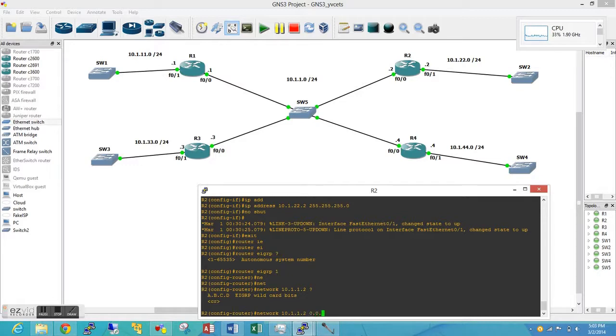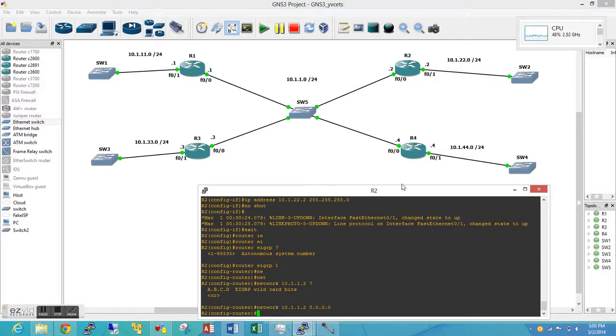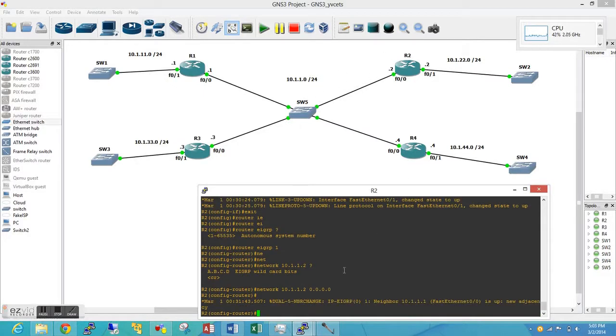So we'll do so. Network 10.1.1.2 with a wildcard mask of 0.0.0.0 will give us only that one interface defined. So if we added another interface later that was in the same subnet, or that'll be a whole different video, but if you get lazy, it can cause a lot of trouble.